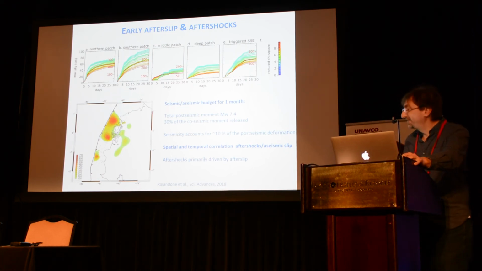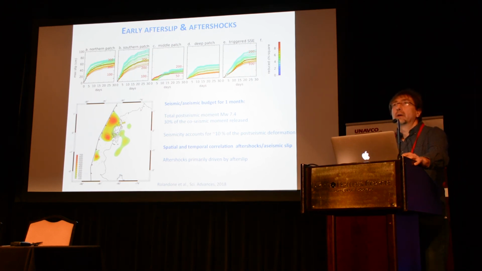Well, I'm trying to think. If you look at the distribution of the afterslip as we image it and compare it to the Coulomb stress increment induced by the seismic slip, you see that the correlation is not very good, both for up-dip afterslip and the down-dip afterslip.